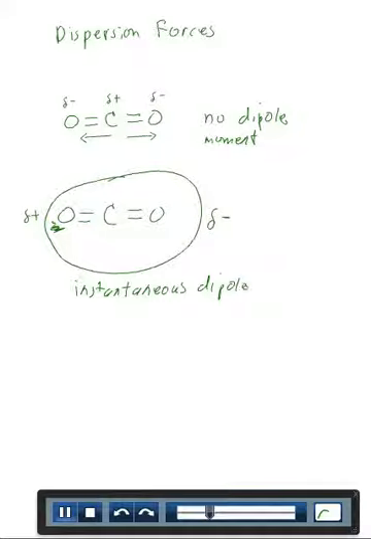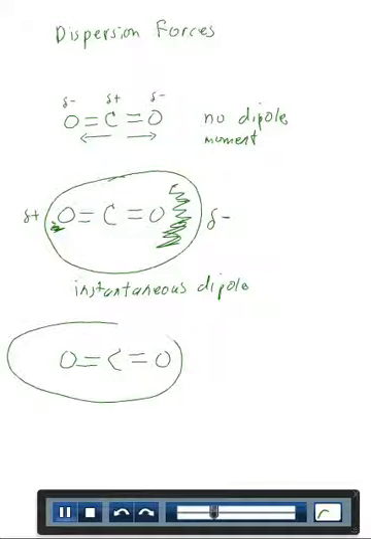Because there are more electrons in this region of the molecule on the right side than on the left side of the molecule. And in an instant, though, that will collapse, and we could have something that looks like this, where now we have more electrons on the left side of the molecule than the right side, and so we'll have partially negative charge on the left, partially positive charge on the right.